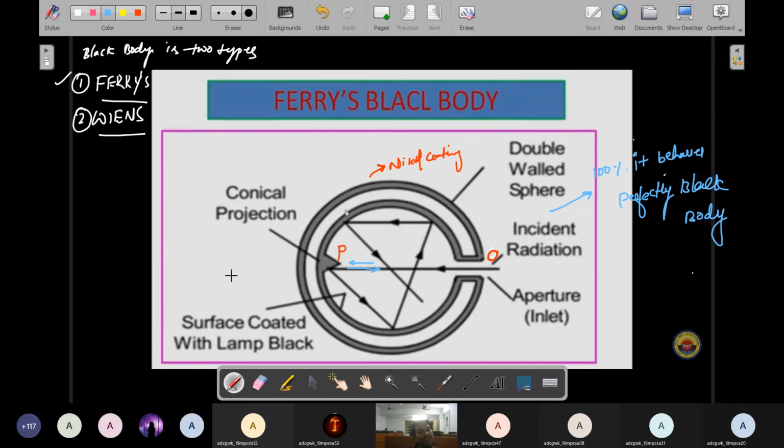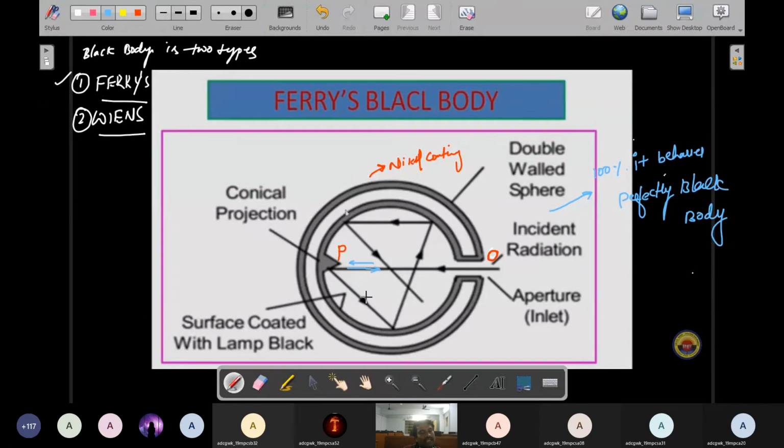Understand? So it is a very important black body radiation. Ferri's black body radiation is completely inside black body radiation. For that purpose, he considered a double walled sphere. Inside the sphere, we coat a lamp black coating. This double wall sphere has a small aperture on one side, and on the exact opposite side we have one conical projection, because whenever we incident a wave of suitable wavelength of radiation to this aperture, it will focus directly at the conical projection.